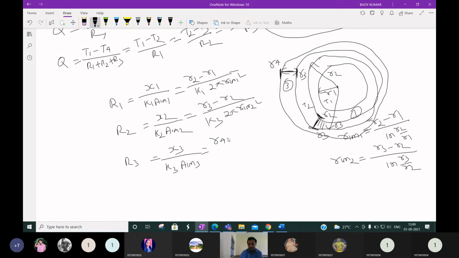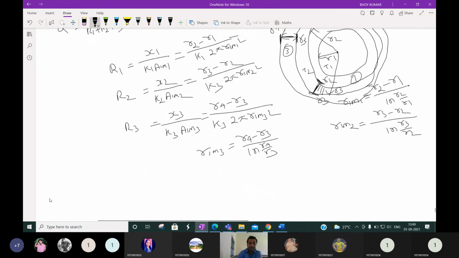It will be R4 minus R3 by K3 into ALM3, which is nothing but 2 pi RLM3 into L. Then RLM3 is nothing but R4 minus R3 by ln of R4 by R3. Okay. And delta T by R, the overall resistance when these are connected in series, will be R1 plus R2 plus R3, the sum of the individual resistances.